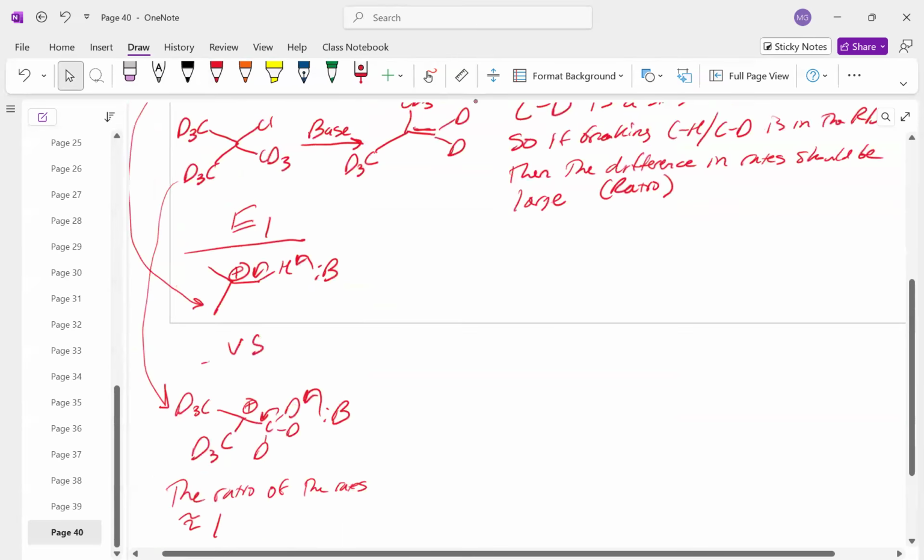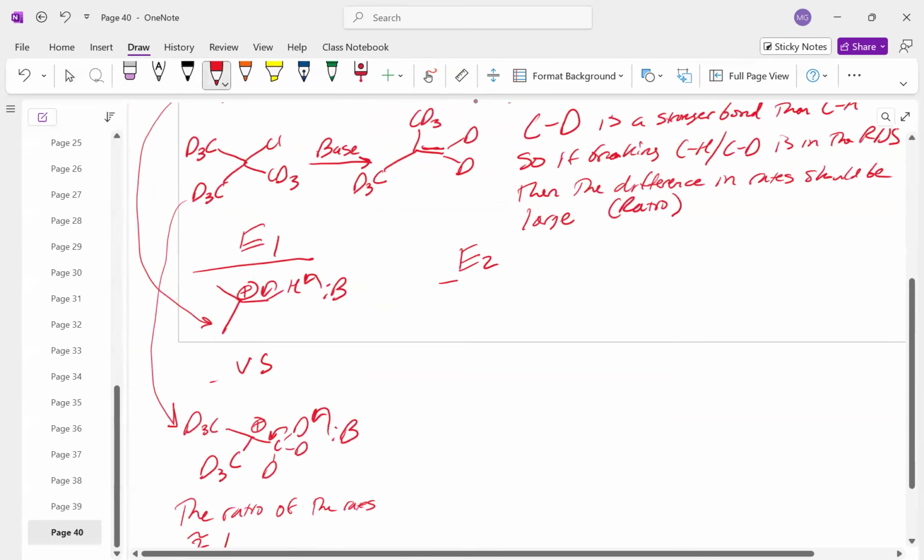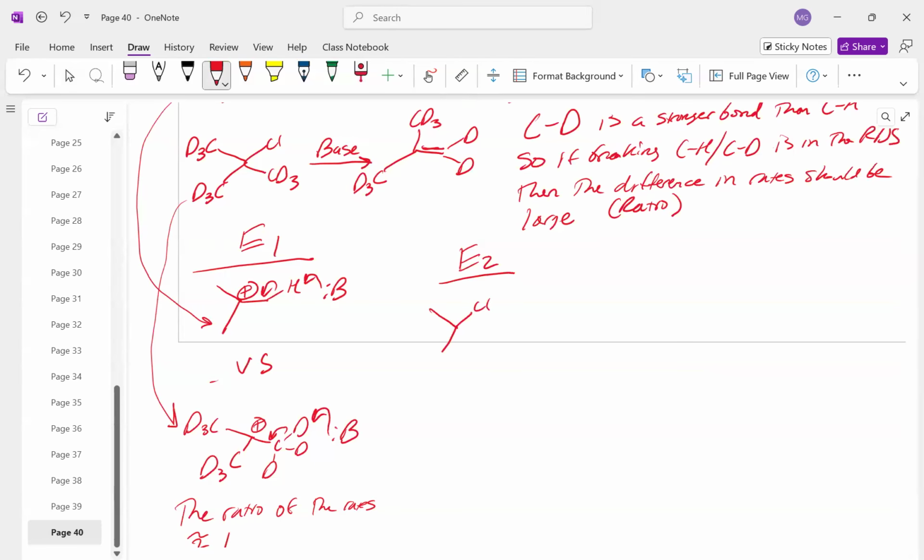But for an E2, which was a concerted mechanism, this rate determining step does involve pulling off a hydrogen.